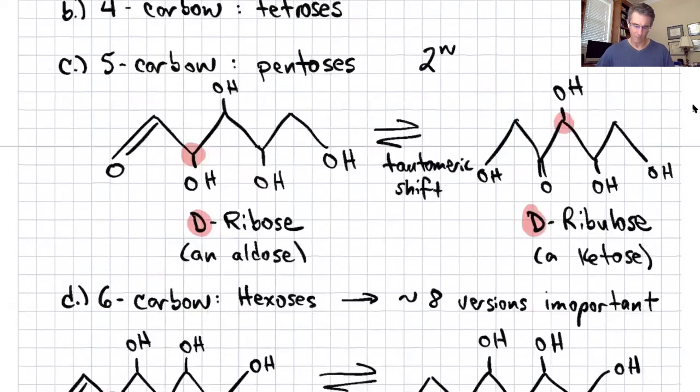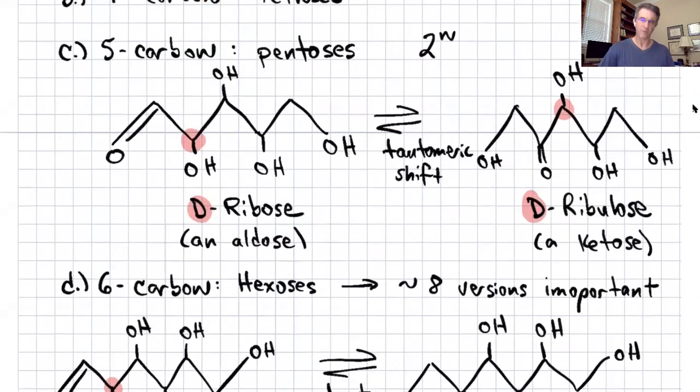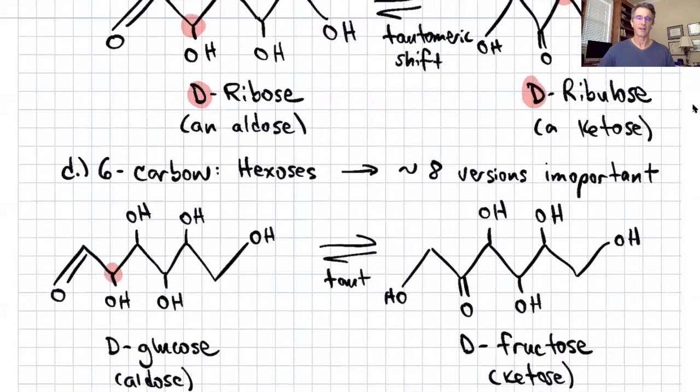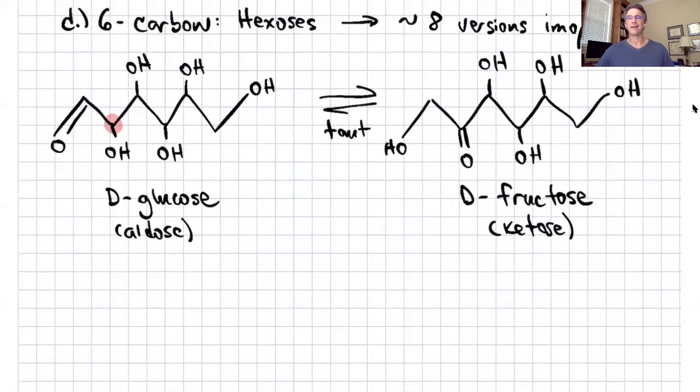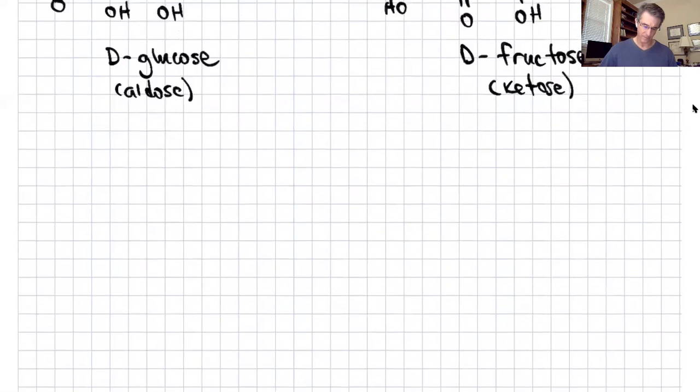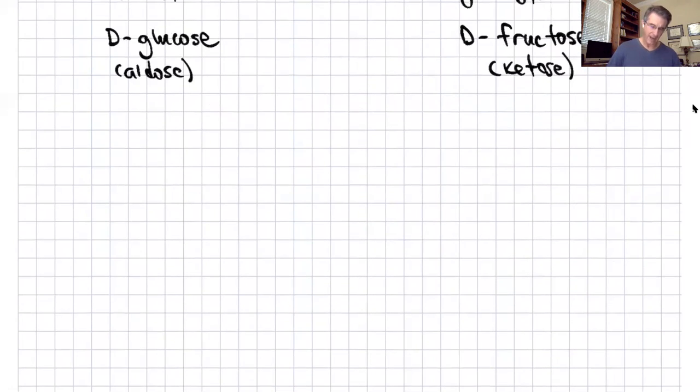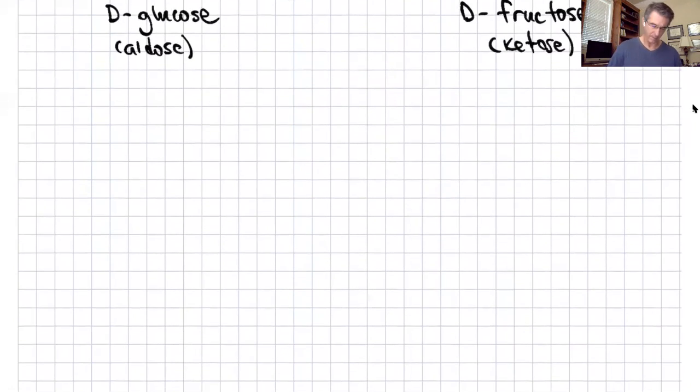And that's because once these chains get to 5 carbon and 6 carbon and 7 carbon, there is an internal cyclization that is highly energetically favored in terms of the resting, or most thermodynamically stable, form of these molecules.